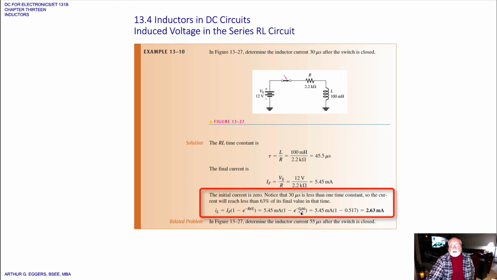That gives us minus 0.66, and on your calculator that becomes the exponential. So we get 1 minus 0.517, 517 thousandths, which gives us 2.63 milliamps. That is the current at less than the first time constant.